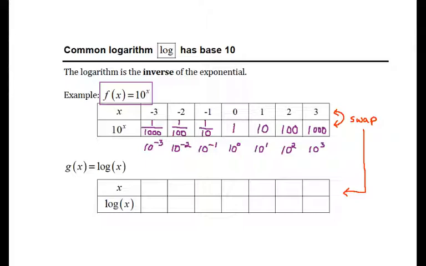So now my inputs are going to be these numbers: 1 over 1000, 1 over 100, 1 over 10, 1, 10, 100, 1000, and the outputs are going to be the powers that I would raise 10 to get these numbers. So negative 3, negative 2, negative 1, 0, 1, 2, and 3.